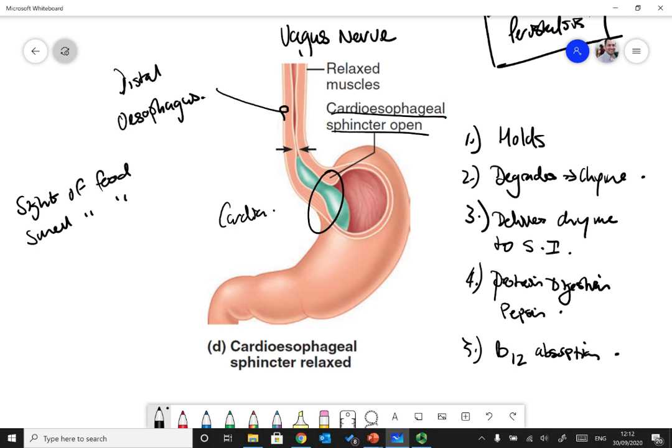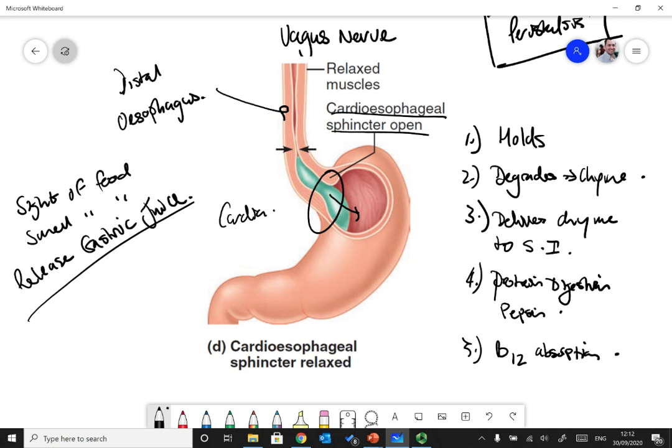It'll change the pH, and as the stomach starts to become acidic, we start to release gastric juice.